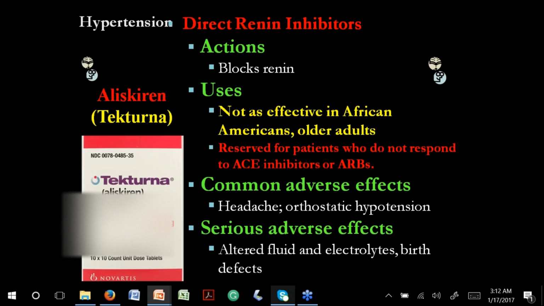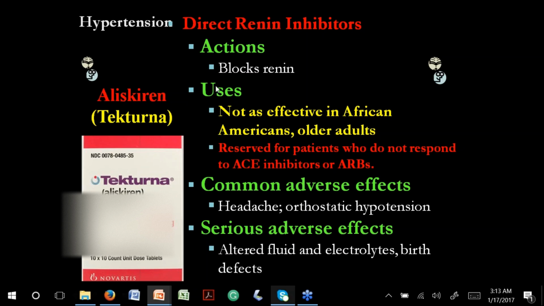We have the direct renin inhibitor. Remember, all these drugs are going to be used for hypertension. It's blocking the renin. Remember the first graphic we did, our renin-angiotensin-aldosterone axis. The renin inhibitor is aliskiren, a kind of suggestive name for direct renin inhibitor.